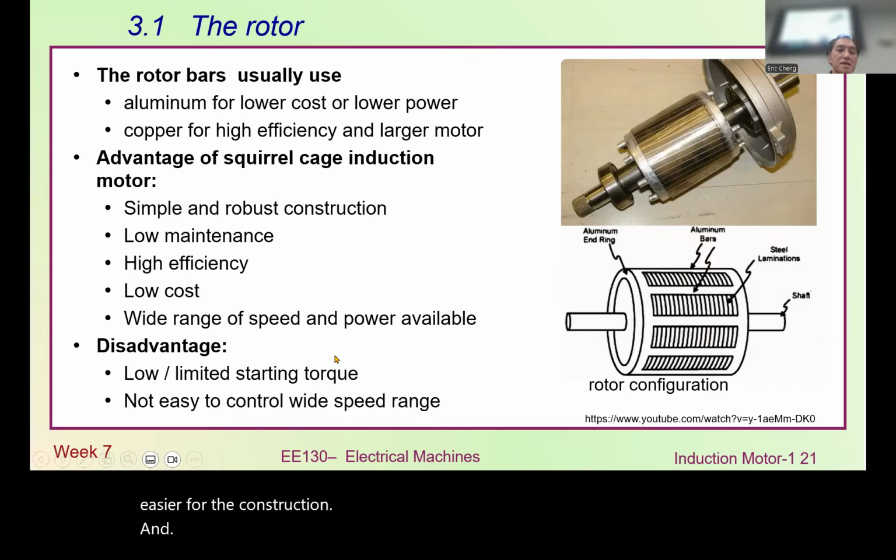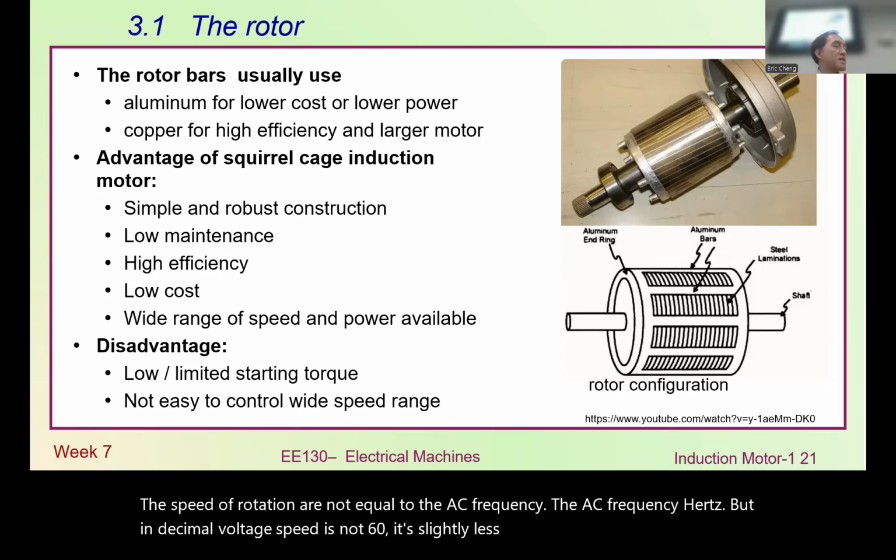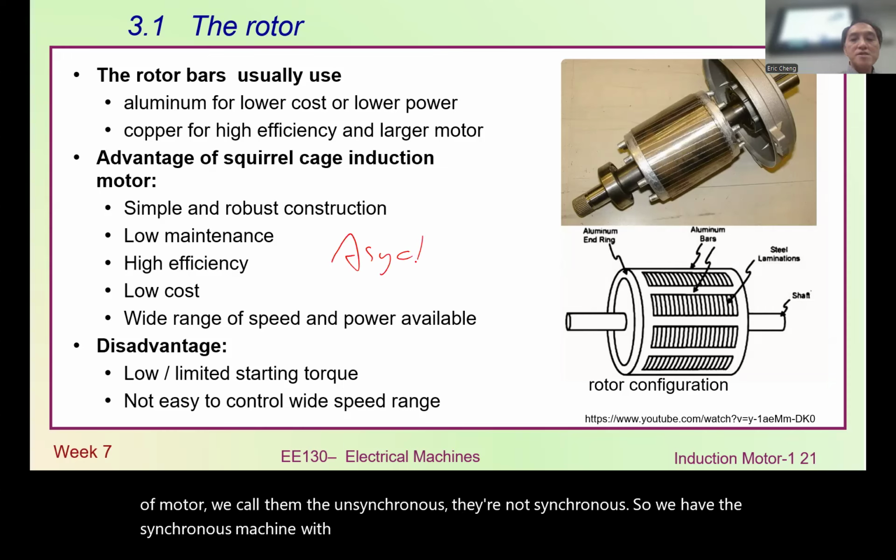But the main disadvantage of the induction motor is that the speed of rotation is not equal to the AC frequency. The AC frequency is 60 Hertz, but the induction motor rotating speed is not 60, it's slightly less than that. So that's why this kind of motor we call asynchronous. They're not synchronous. We have a synchronous machine, and this is called asynchronous.